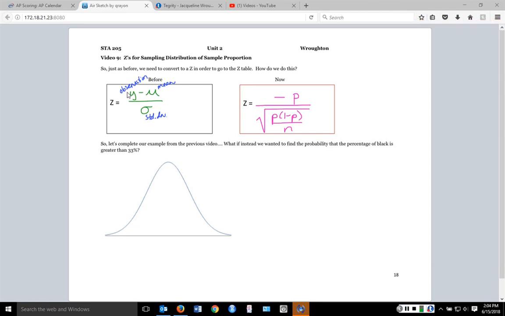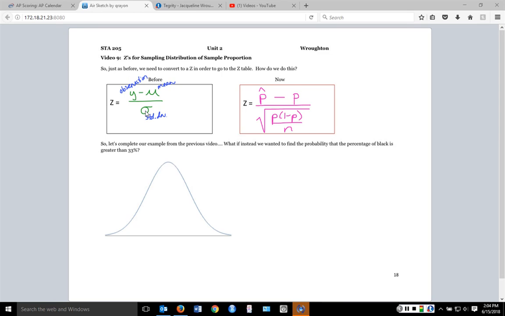Now let's talk about y. Y was our observation that we were interested in. Basically what we got from our person that we had sampled or been working with. Well, we're no longer just sampling one thing, and we're more specifically recording something that's categorical. So instead of y, we're just going to have our p hat.